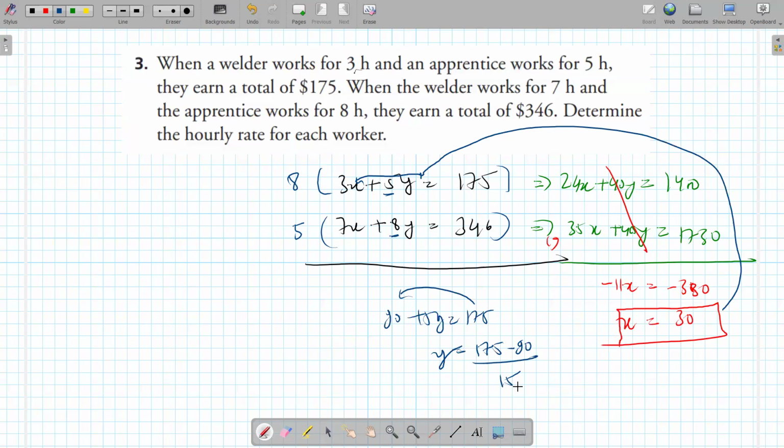And that is not a nice number. That's $5.67. And that is it for this question. Cool? I don't think I plugged it in right.